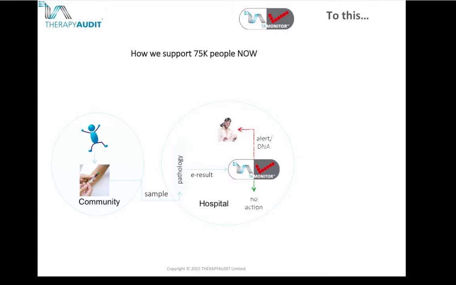It also identifies did not attends, DNAs, that is, people who haven't attended for testing when expected. If there's no problem with the result, no action's taken. If there is a problem, an alert is created and made visible to the clinician. Having reviewed the alert, the clinician can issue a treatment change or even recall the patient, and if necessary, escalate the alert to colleagues like GPs.